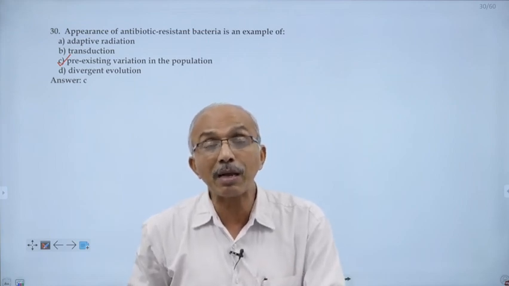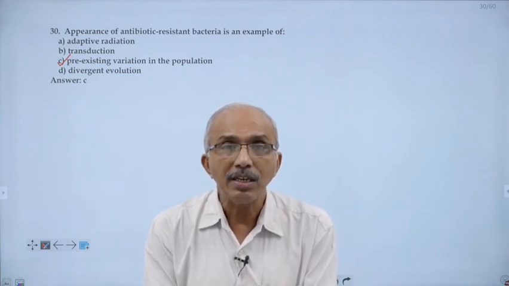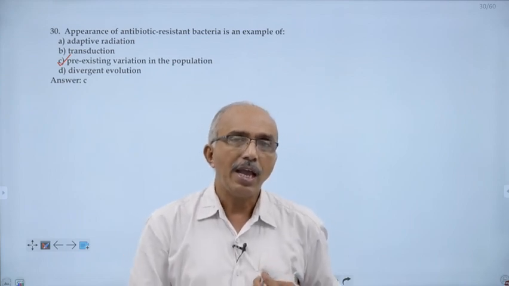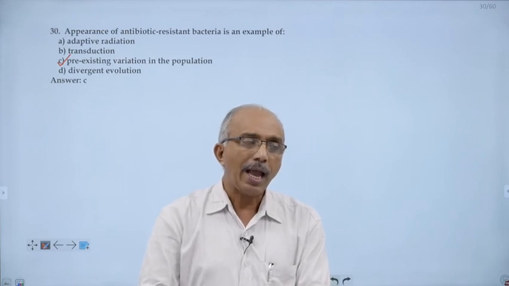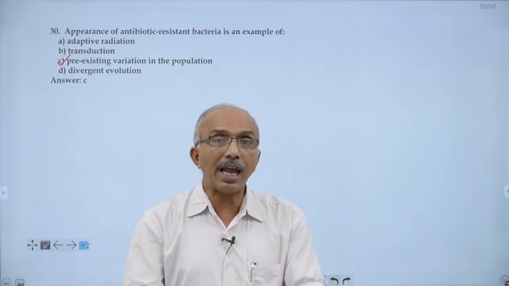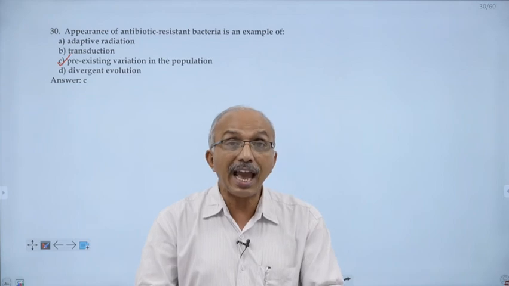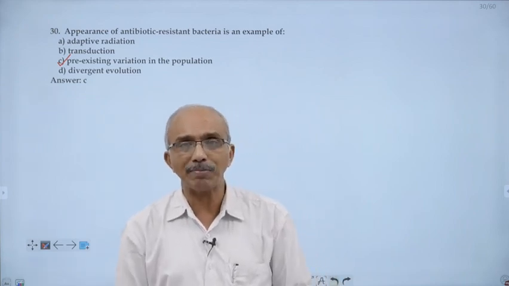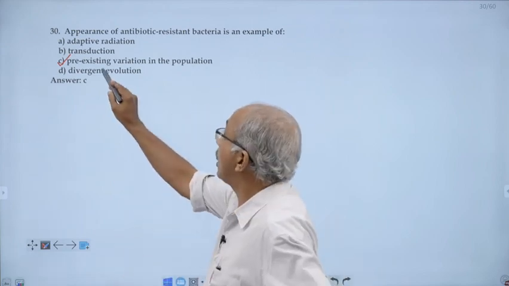How does the environment become favorable? When there is an excess of antibiotics, the environment is favorable for antibiotic resistant types. How does the concentration of the antibiotic become high? It is excessive use by humans, that is, anthropogenic action. So they were there.